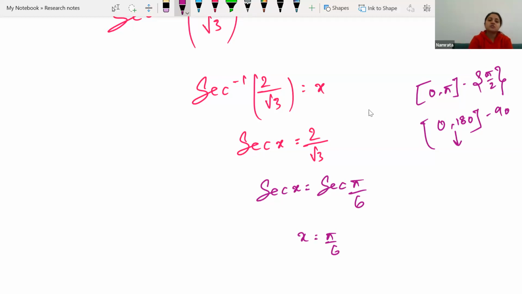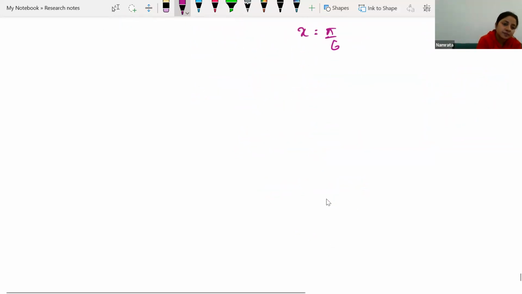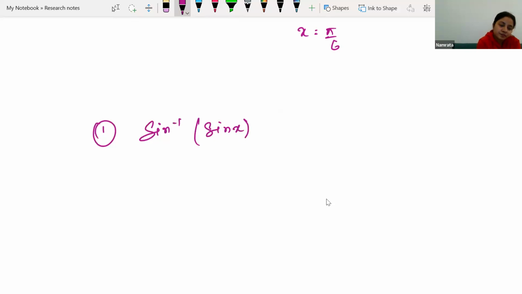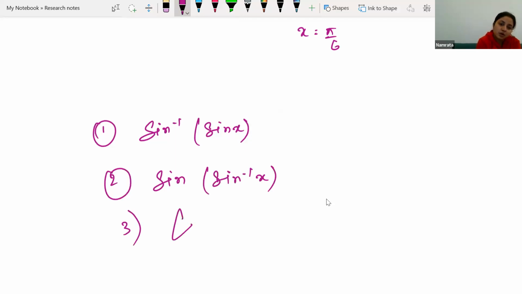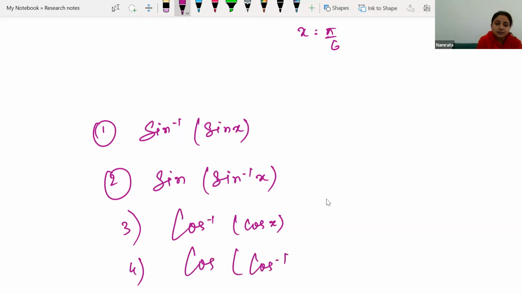a few things you must know over here, if we have sine inverse sin x, or sine of sine inverse x, or cos inverse cos x, or cos of cos inverse x.